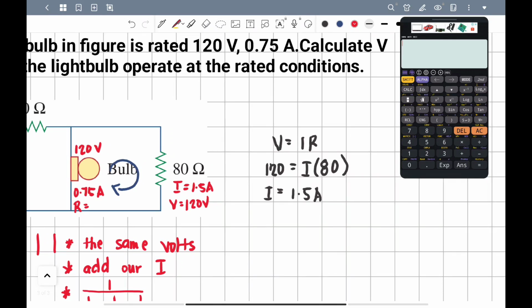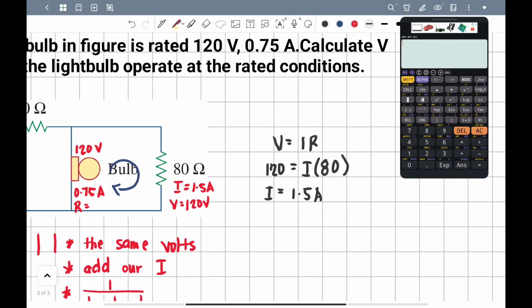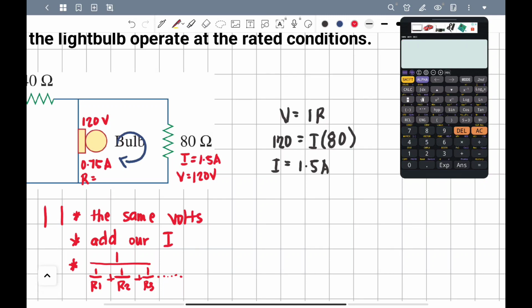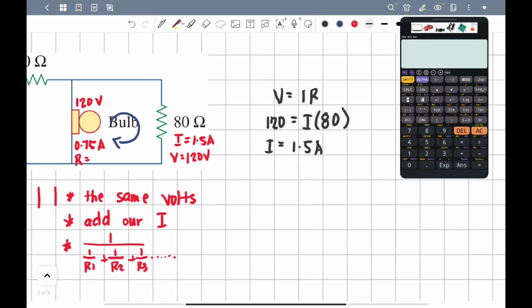ampere. Also, we are to compute for the resistance here in our bulb given the volts and the current. Okay, the same formula, V is equal to I times R. We have our volts, 120 is equal to I times our resistance, the unknown.